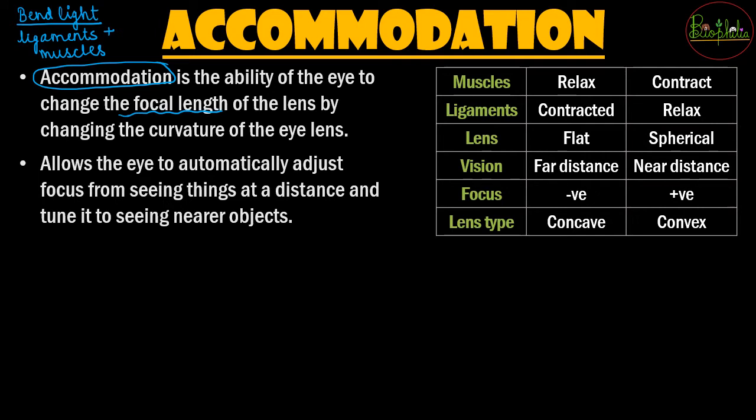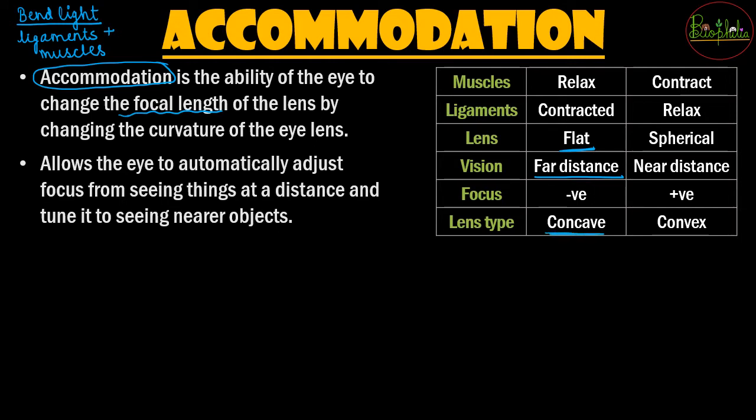So what is the change that occurs in the lens because of this contraction and relaxation in the muscles and ligaments? If muscles are relaxed and ligaments are contracted, the lens is going to go flat. Once the lens gets flat, the vision is going to be a far distance vision. That is, you will be able to see far things, because once the lens is flat, what will happen?